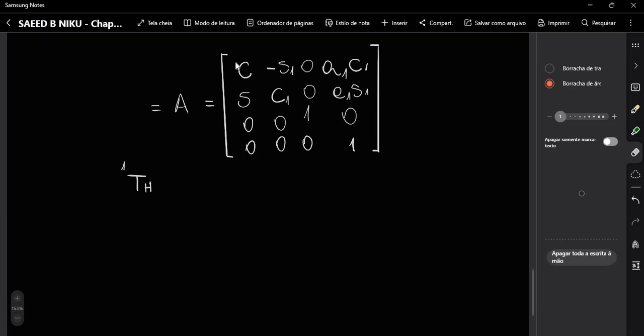And we only change this index so we can solve for any value of theta.